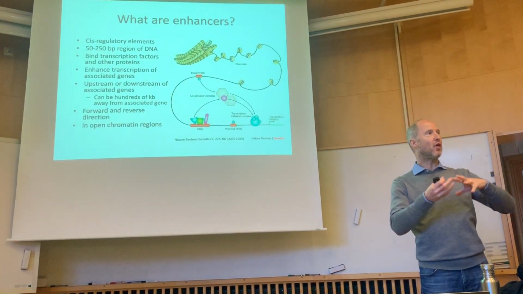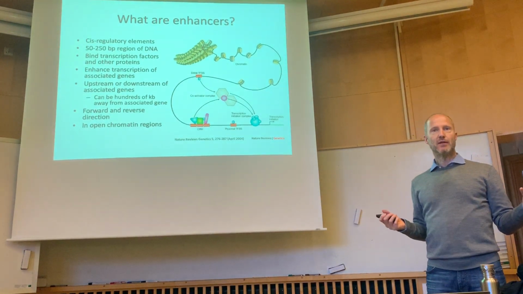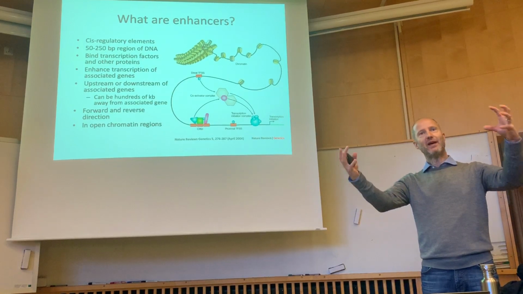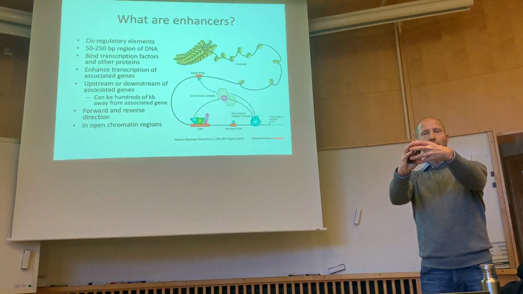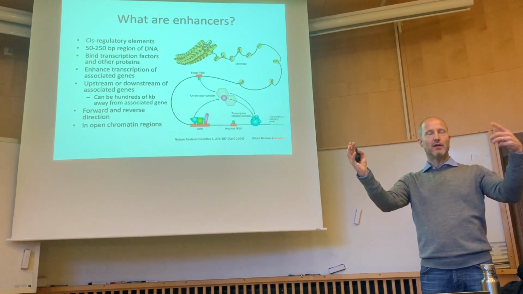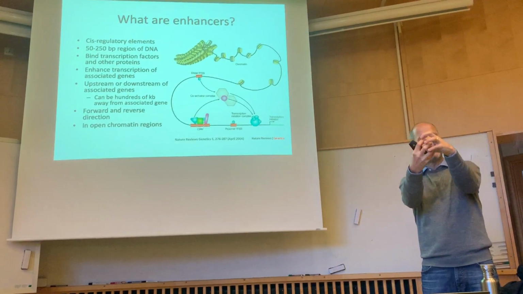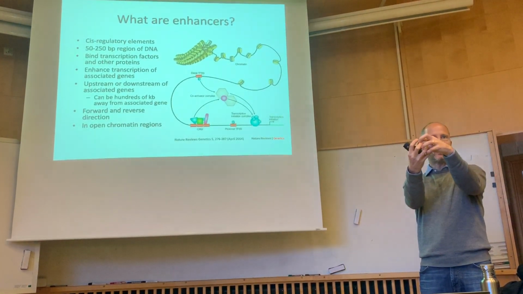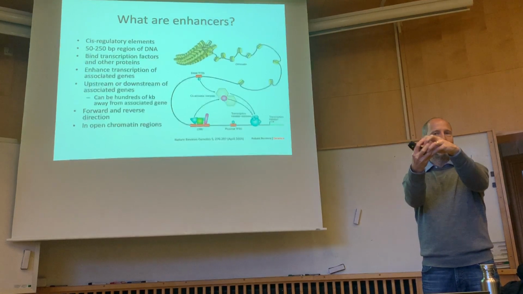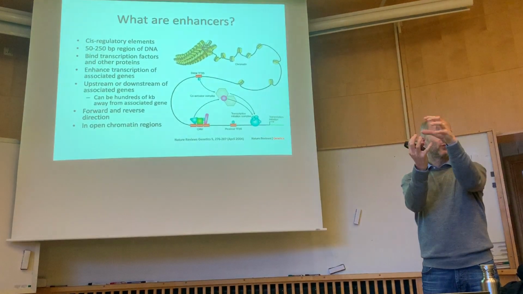be in the regions of open chromatin. One way for a cell to regulate, to silence genes, is by compacting the area. If you modify the histones in a certain way, then the histones fold together with the DNA, so they get very compact. And when the DNA is compacted, transcription factors cannot enter this compact structure.